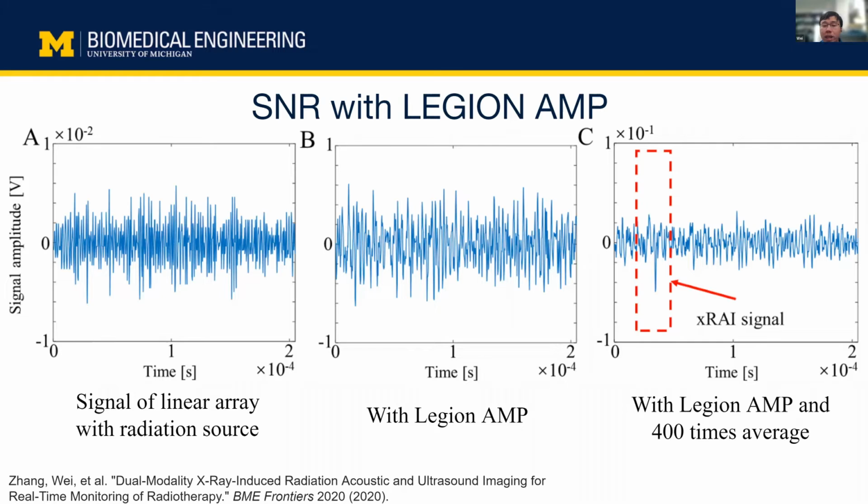So we set the noise level to 60% of the dynamic range of the Verasonics ADC. And with the amplifier and 400 times averaging, we achieve a signal to noise ratio of about 2 to 1. Although this is not a huge signal to noise ratio, at least it made the radiation delivery detection feasible with both soft tissue phantom and in vivo.